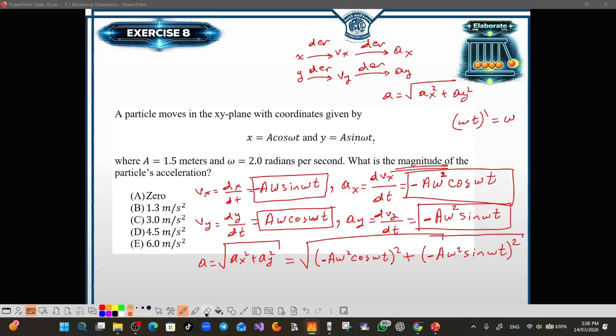Now we apply the square on minus a omega squared and the cosine, only on the outer function of the trigonometrical one. So the square of the minus is a plus. The square of a and omega squared, I would write it like this. And cosine squared omega t plus, now the square of minus is a plus. The square of a omega squared is a omega squared to the power 2, sine squared omega t.